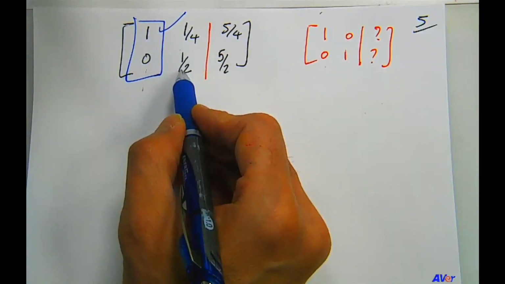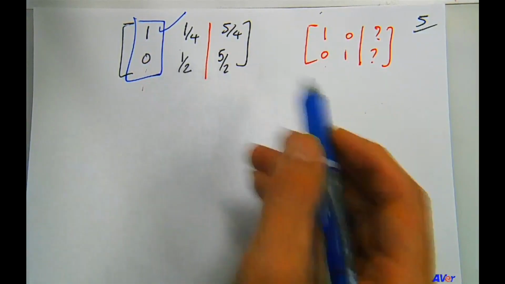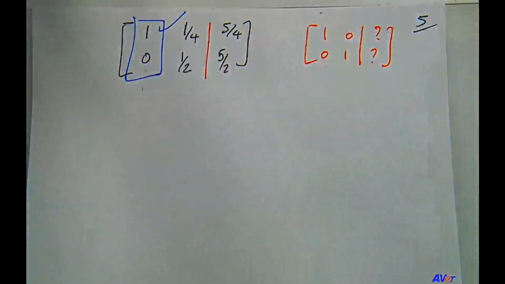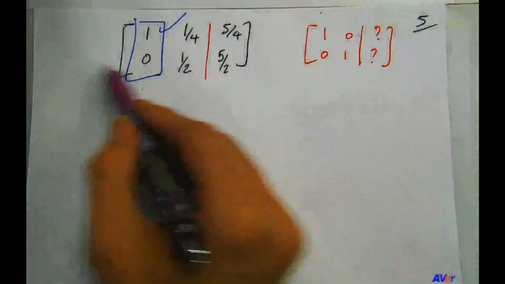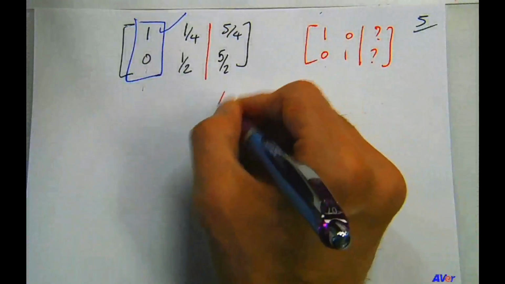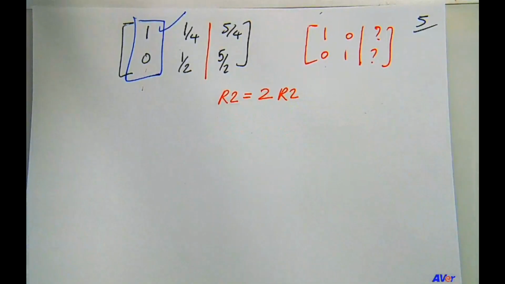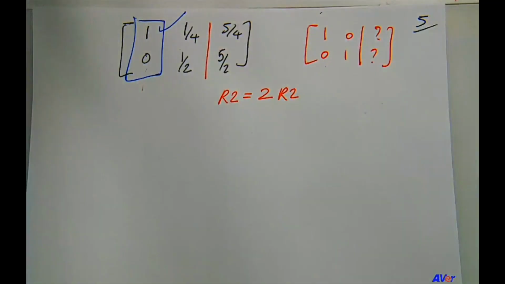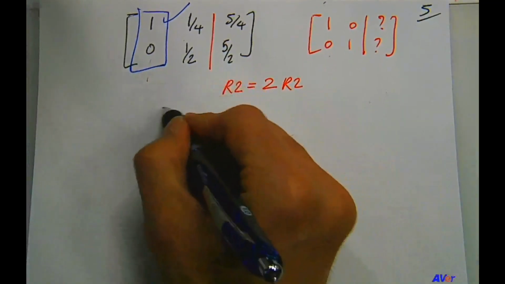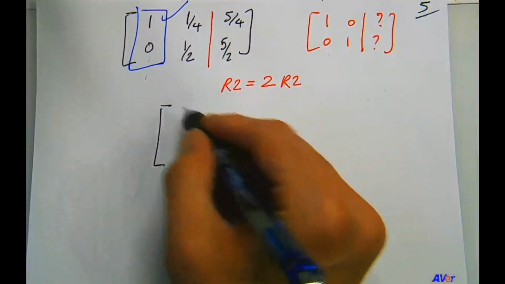How do we get the 1? Well, we can easily do that by multiplying the second row by 2. So row 2 equals twice row 2. That's the row operation for that. Okay, so let's write down the new matrix here.